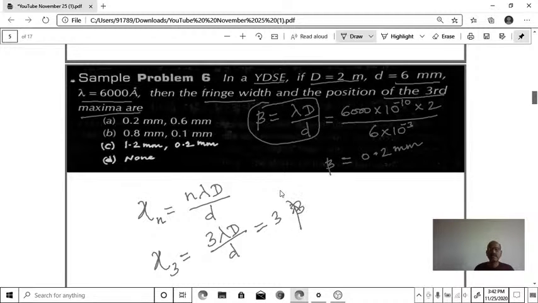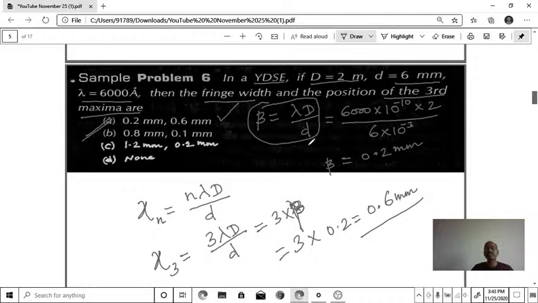This is 3 into beta, that's all. So 3 into what we got, the fringe width 0.2, so you will get 0.6 millimeter. So the first option is correct. Already we got fringe width beta and third maxima.